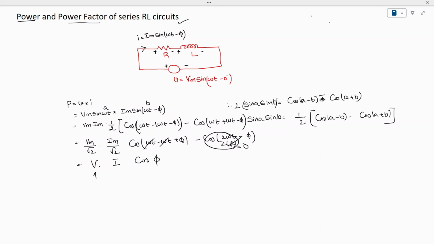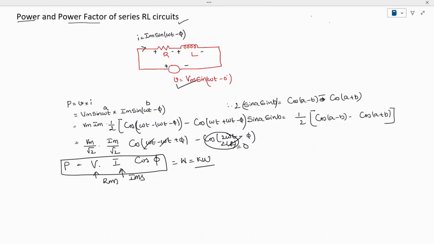This capital V is called the RMS quantity of voltage, this capital I is the RMS quantity of current, and the formula for active power P is equal to VI cos phi, and the units are watts or kilowatts.